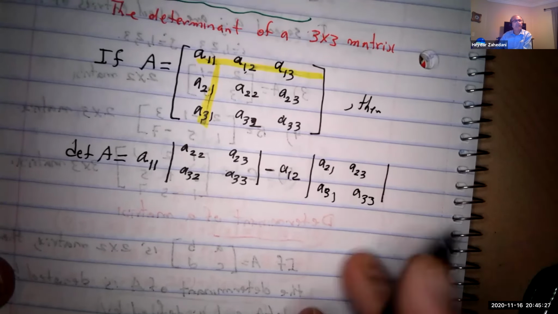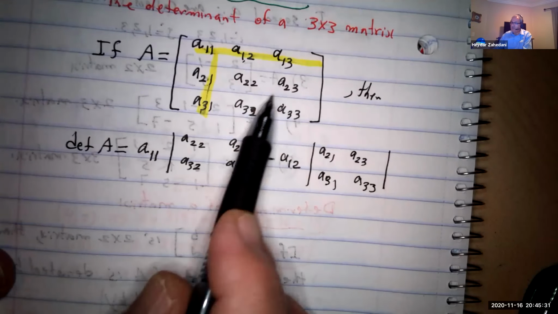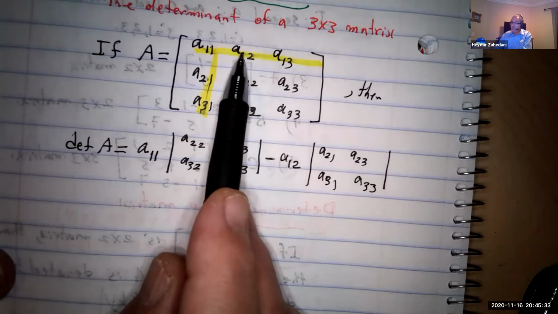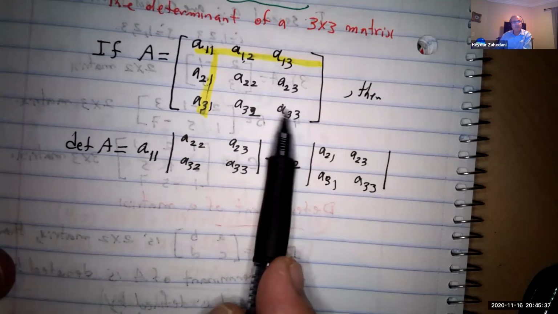Any question? So I pick the first number, eliminate this row and the column, the 2 by 2. I take the second one, eliminate the second column, and then 1, 2, 3, 4.